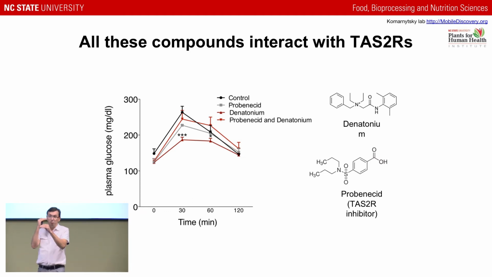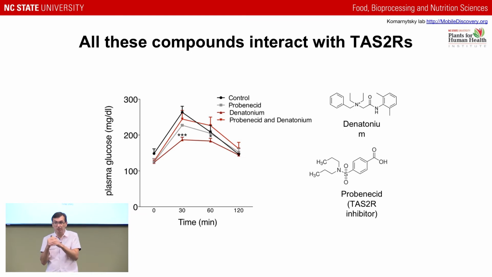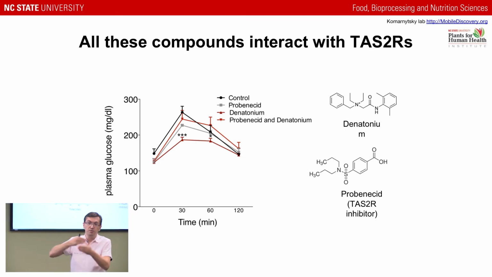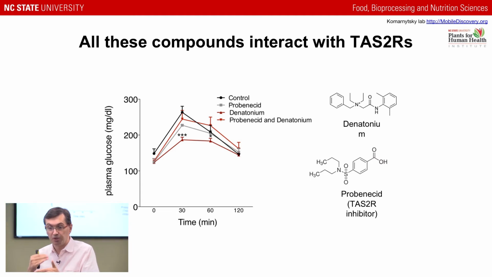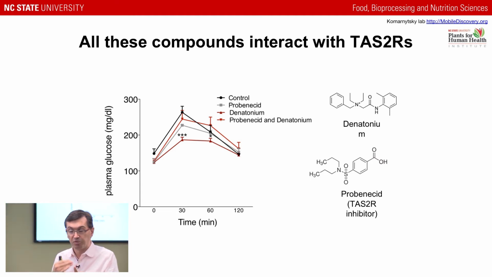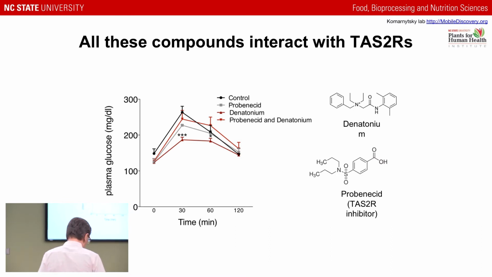So basically, by blocking the bitter receptors in the gut, you suddenly revert the oral glucose tolerance to where it was before. Basically, animals stop responding to the glucose present in their gastrointestinal lumen.